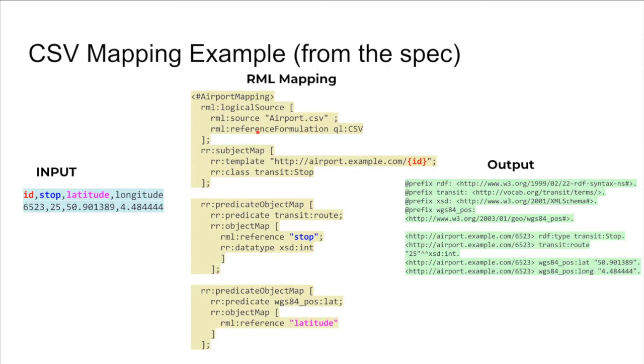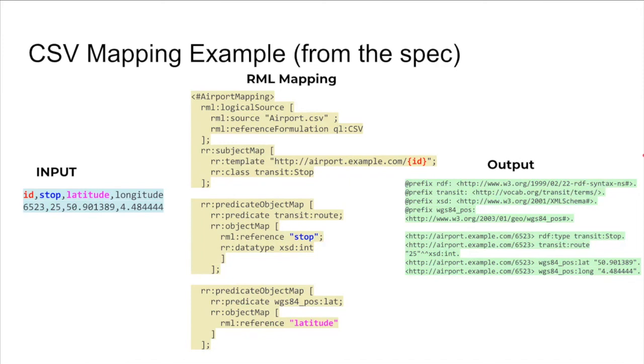It's not a trivial document to interpret, but basically it says we're going to create a subject and the template for the subject is this, and at this point in the model, we're going to grab the value from the ID column. And again, here, the reference for this node, which is the predicate, is going to be stop 25 and things like that.